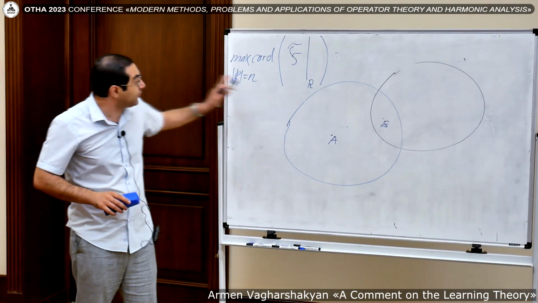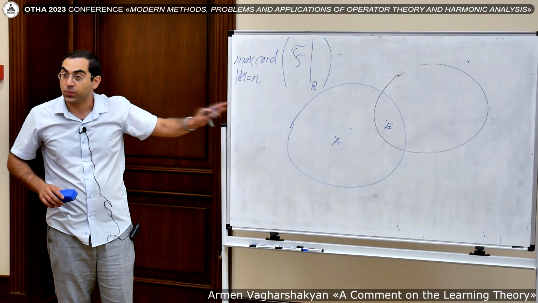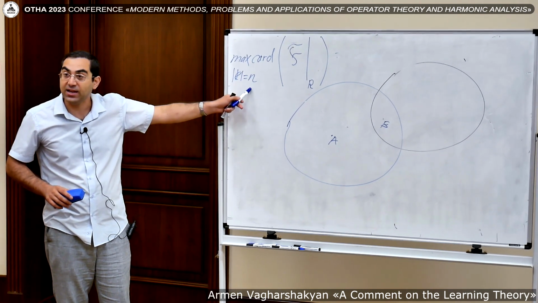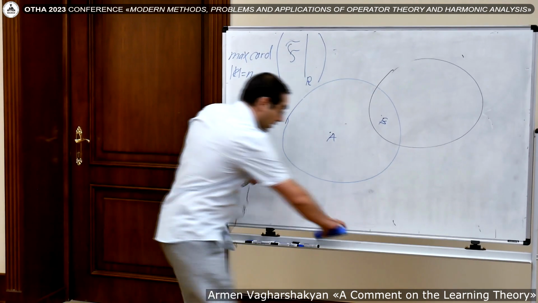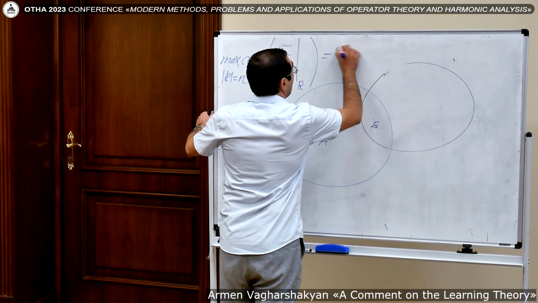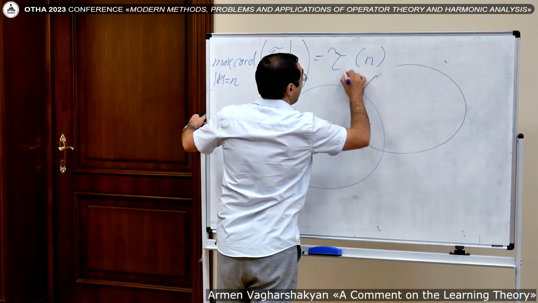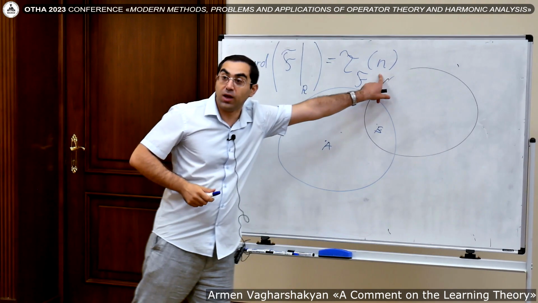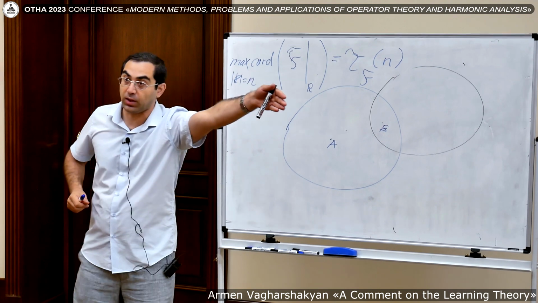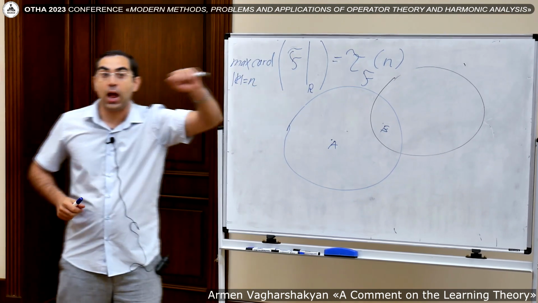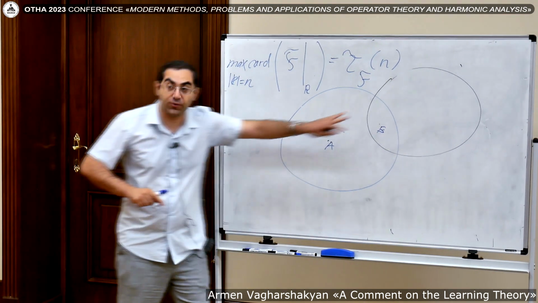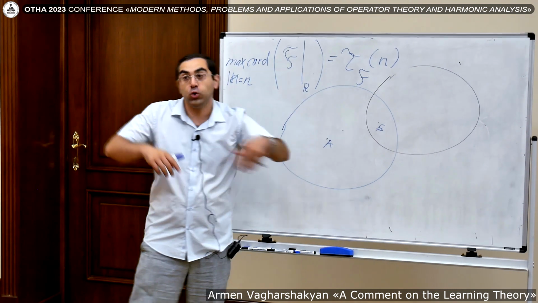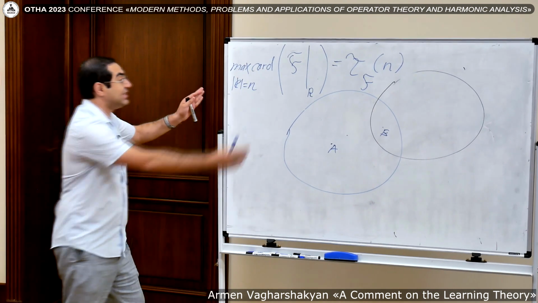But still, this quantity depends on n and on the family. So I denote it by tau n of F. It's a numerical sequence that somehow describes this family. I was talking about a finite family, but F could be an infinite one too, because this is always finite.